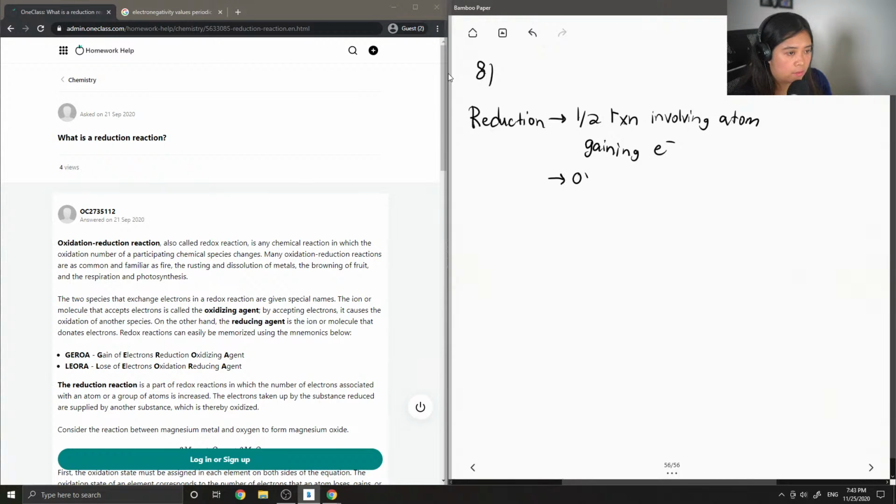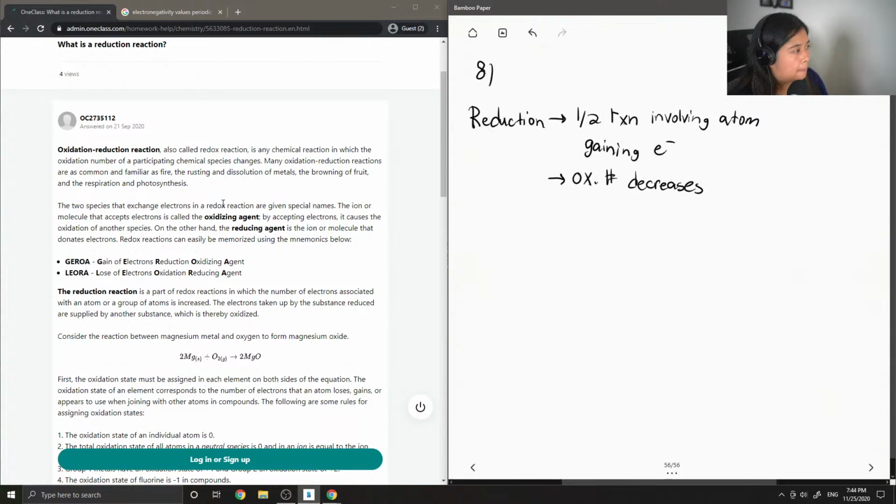Also, you'll notice that its oxidation number decreases. Okay, so let's see what the junior tutor said.